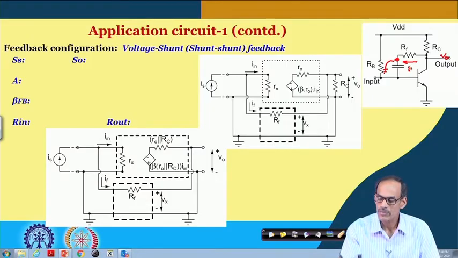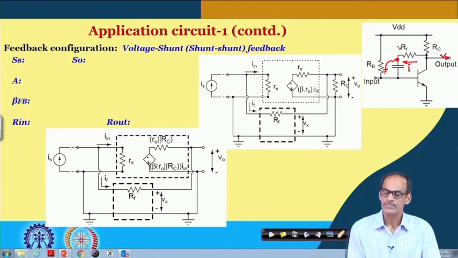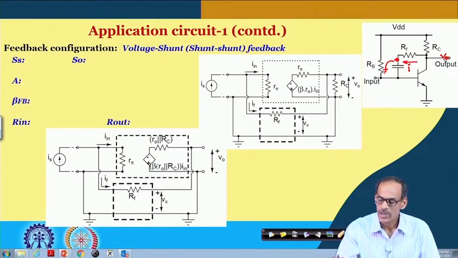So, that is the feedback current: I f equals V o divided by R f. From that we can say that beta f b equals 1 by R f.